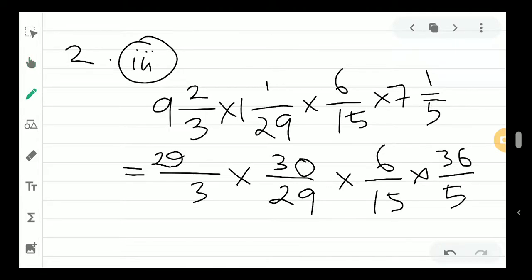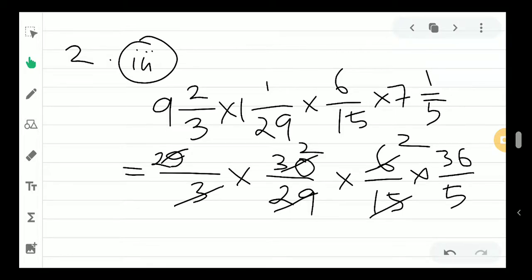Now what will we do? 15 2 times is 30. 29 gets cancelled. 3 2s are 6. So what is left? Here 5 is left, and in here 36, 2 and 2.